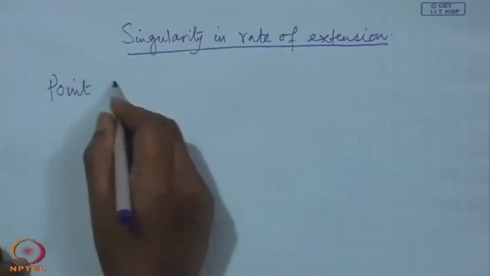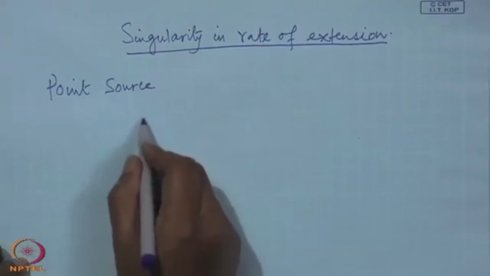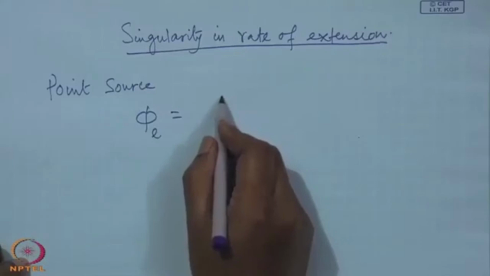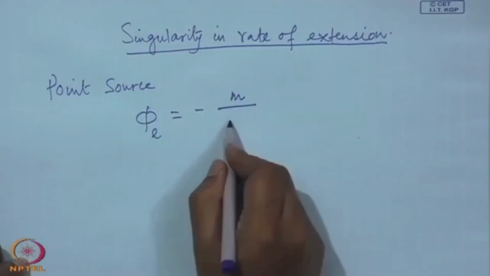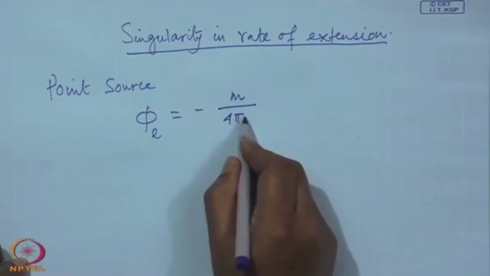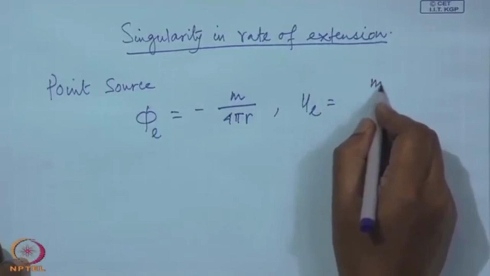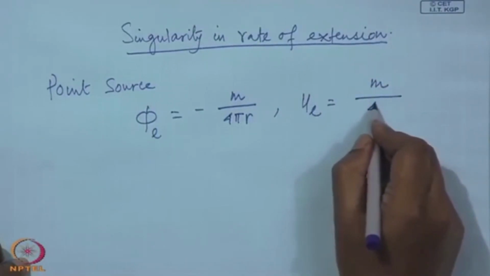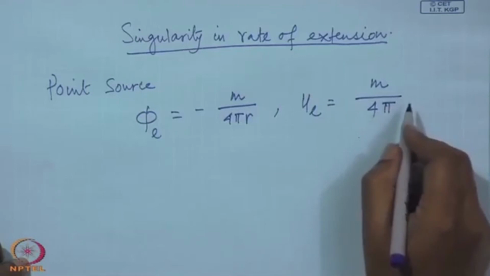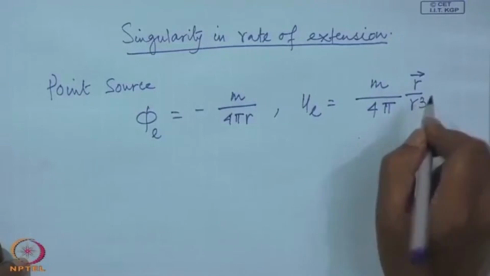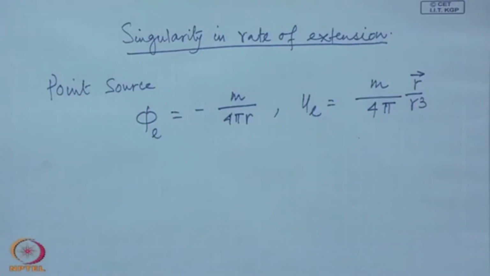This is the point source, what we had: phi e is minus m by 4 pi r, and u e is m by 4 pi. To give the direction, we wrote it as r by r cube. That is m by 4 pi r square in the direction of r.